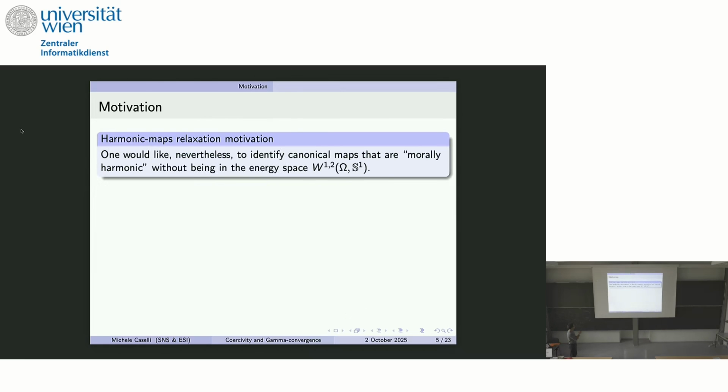And this goes to the second motivation of relaxing the energy, is that one would like nevertheless to identify canonical maps that are morally harmonic even without being in the energy space W12. So one would like to identify these maps usually as limits of some relaxed functionals, and by morally harmonic, I mean that they will be really harmonic in most of the places, but they will develop singularities.